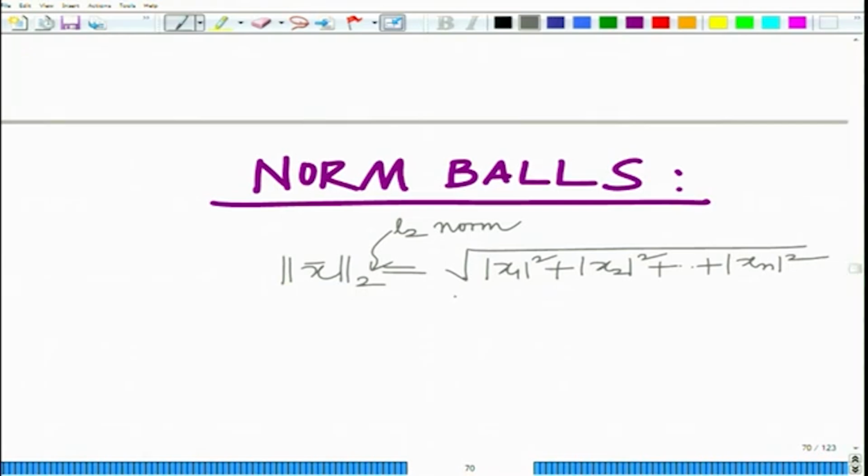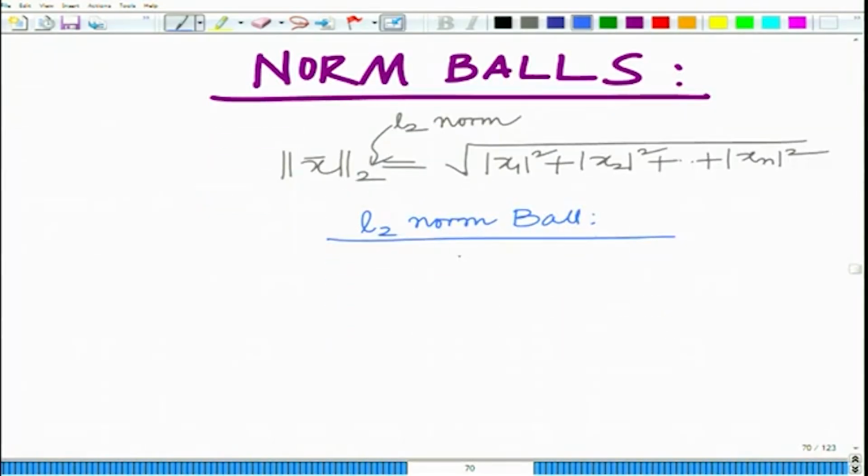This is the L2 norm, and the corresponding L2 norm ball is given as norm of x bar, that is the L2 norm, less than or equal to, for instance, r, let us say equal to 1.